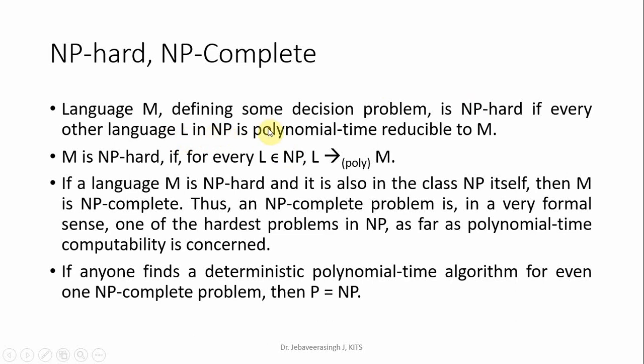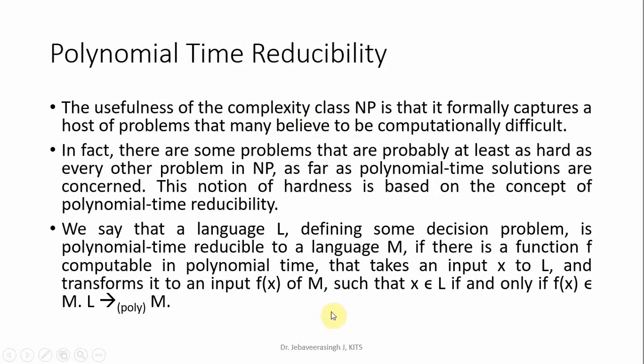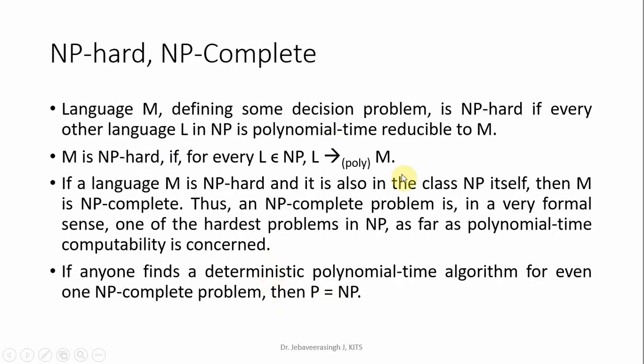What is polynomial time reducible? We will have a function f, computable in polynomial time, that reduces x to f(x) as an input to M. Then M will be an NP hard problem. So if L is polynomial time reducible to M for all L in NP, then M will be an NP hard problem.